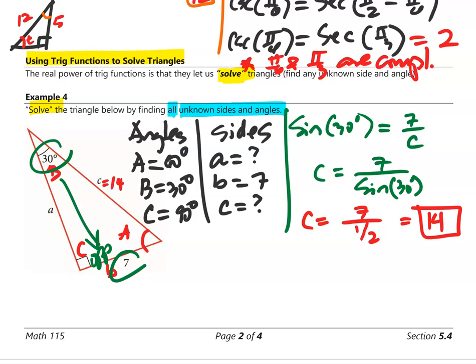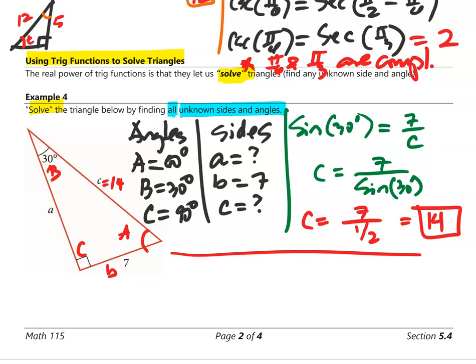So we're missing one side, which is a. So you can use the Pythagorean theorem, or actually, if we have the two sides here, you can use tangent if you want. Tangent of 30 degrees is equal to opposite over adjacent, so that is 7 over a.